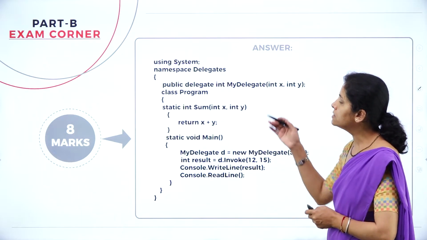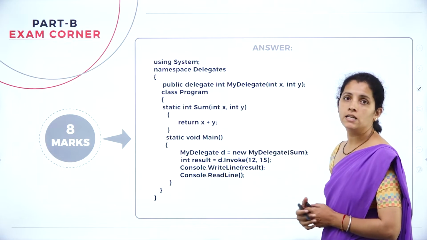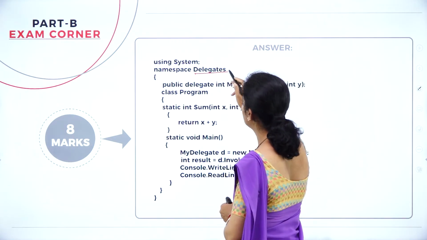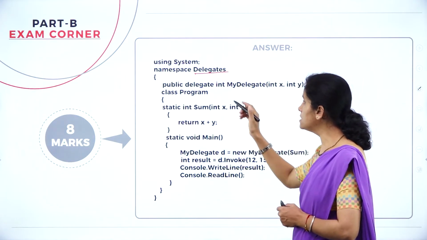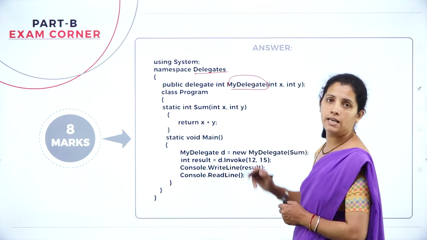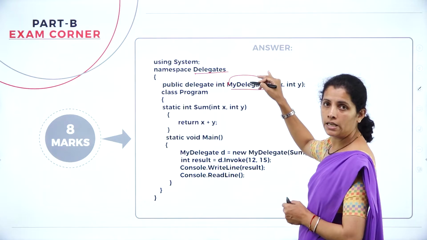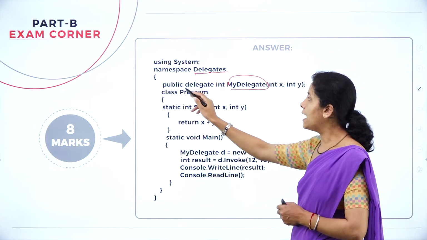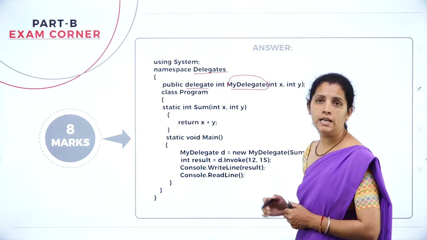So dear student, this is the example program used to illustrate the use of a delegate. What is my namespace? That is nothing but delegates. Inside this, I am going to create my delegate. And to create this delegate, I am going to use the keyword delegate.